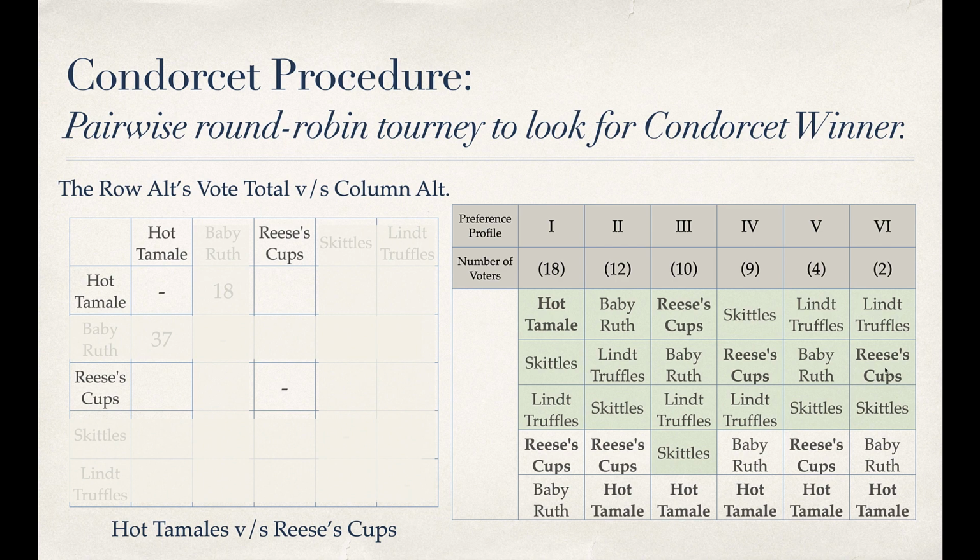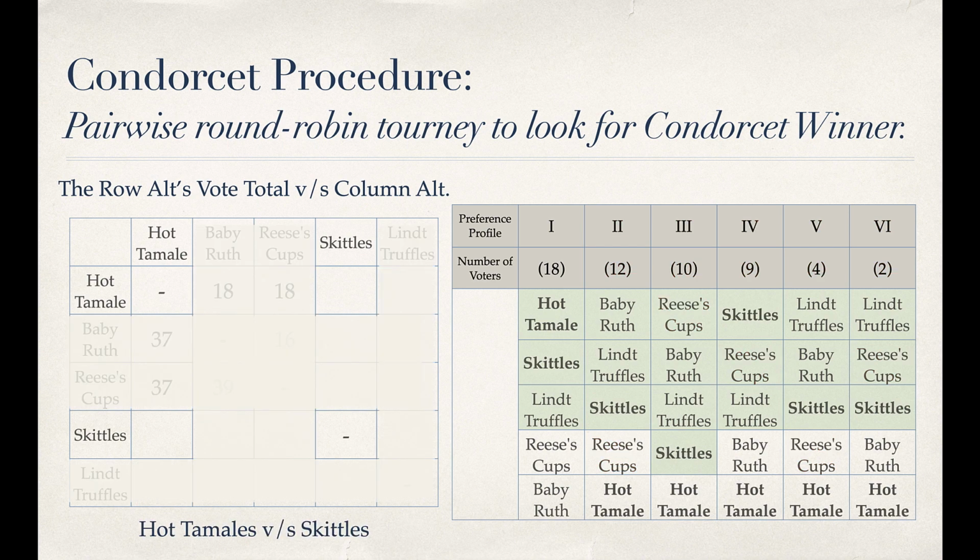So we already know the vote totals are going to be 18 to 37, the same as for Baby Ruth. Hot tamales got 18, and Reese's Cups got 37, so in the Reese's Cups versus hot tamales cell, I put the 37 for the row alternative.